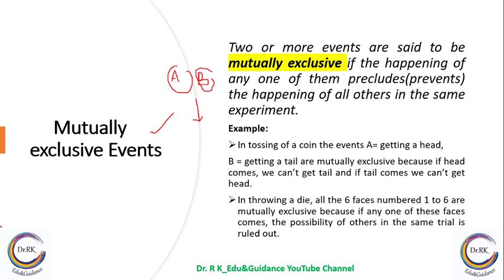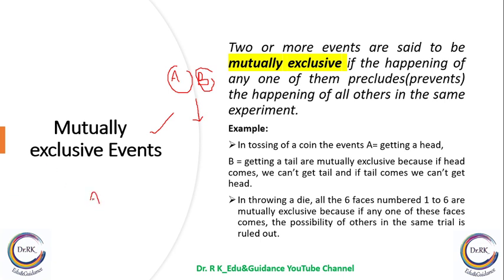That means the happening of B is prevented by the happening of A. So these two events are called mutually exclusive events. So how to identify? No logic is required here.